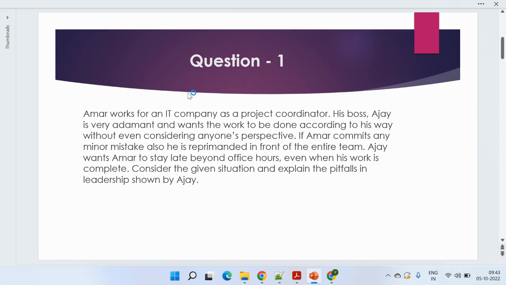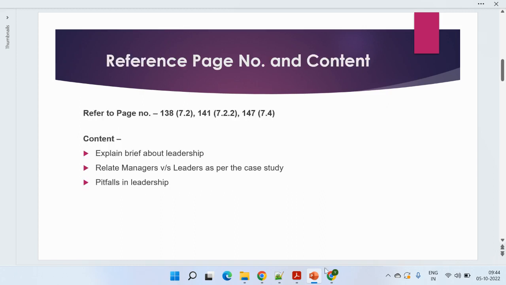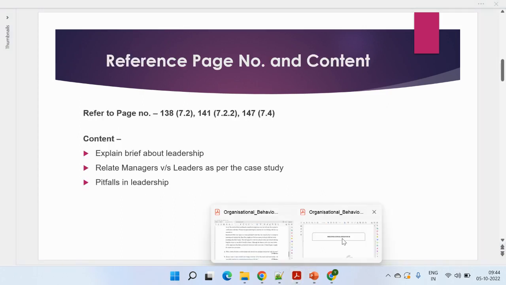These are pretty straightforward, what is being asked in the question. Besides this, it's important to describe the managers, because it's more or less about managers or bad bosses, right? So it's important to explain the concept with respect to this case study. Let's see what needs to be referred and which page numbers we can go through from the book.